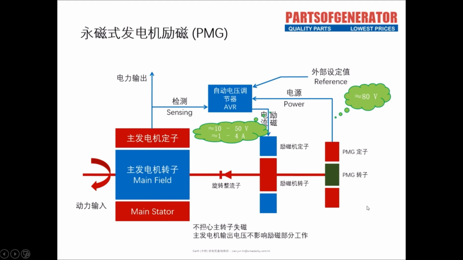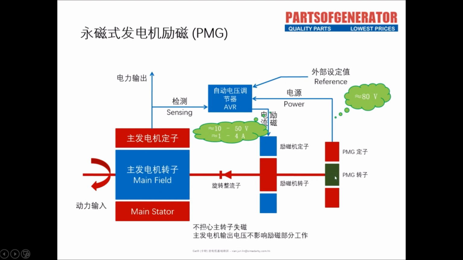Compared with the permanent magnet generator, it has another advantage: its cost is lower. Of course, this method has also passed the safety certification of the Underwriters Laboratories. That is the excitation method of the UL 2200 certified permanent magnet generator.